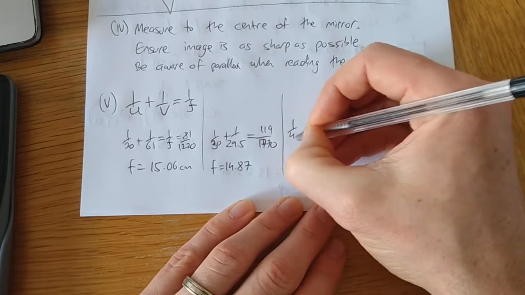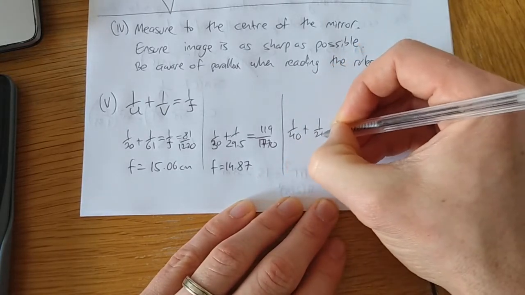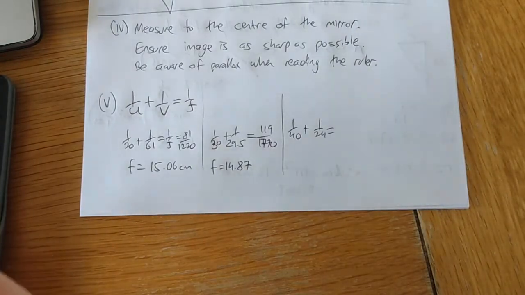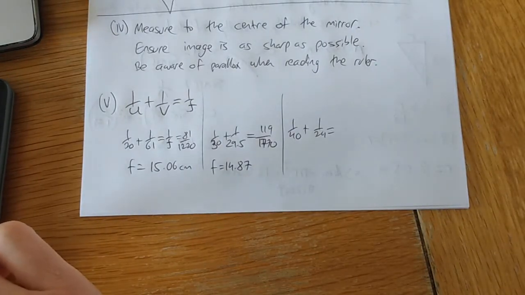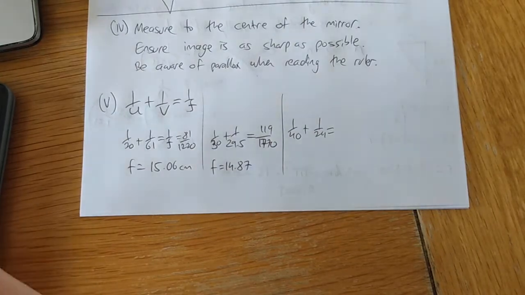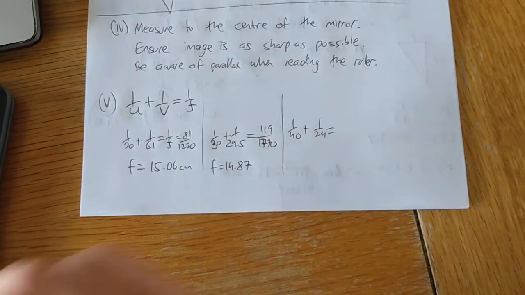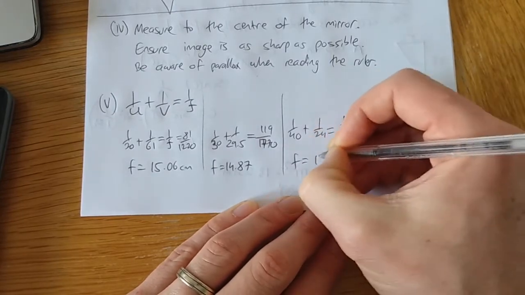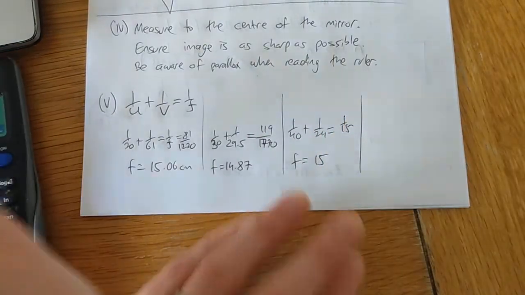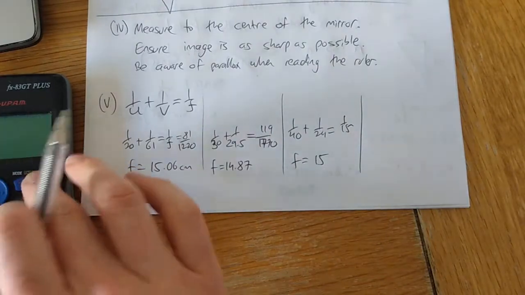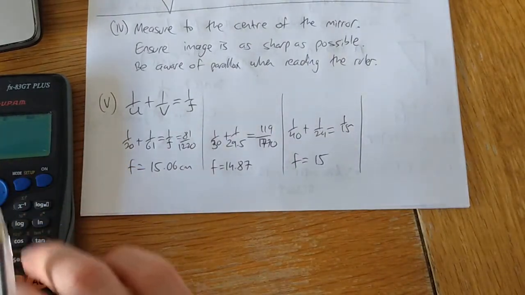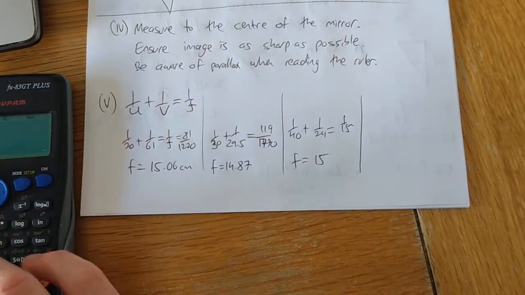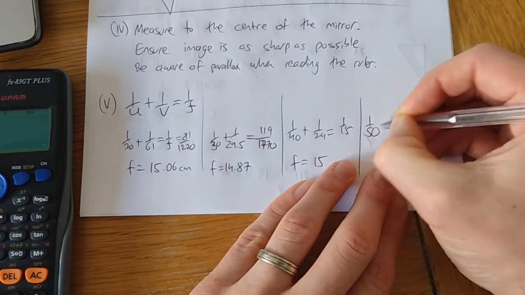1 over 40 plus 1 over 24. Plus 1 over 24. 1 over 15. f is 15. I can do that one in my head. I'm so smart. 1 over 50 plus 1 over 20.5. Sorry, not keeping up with you here.